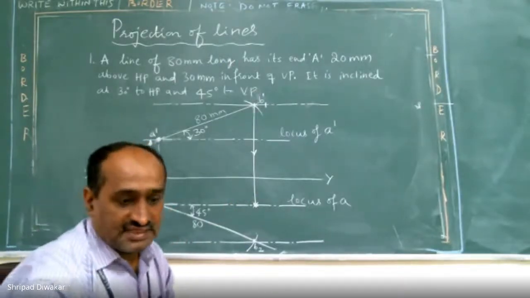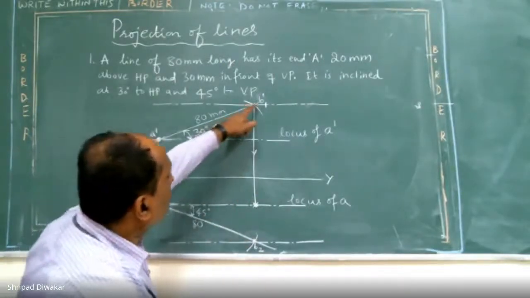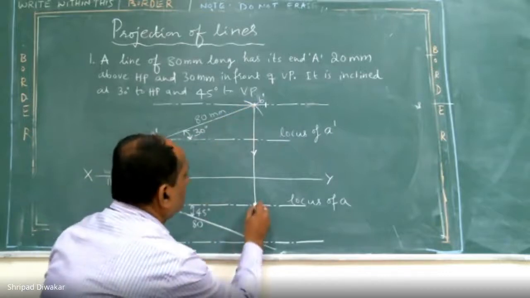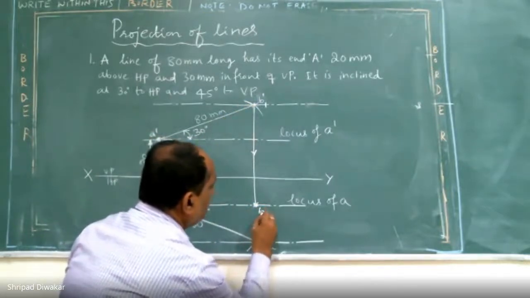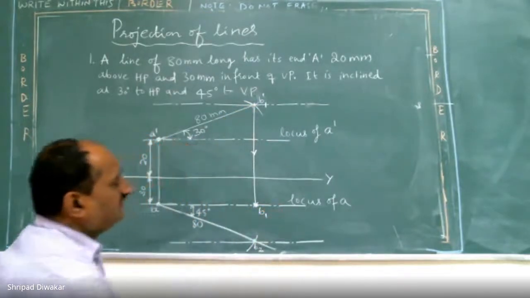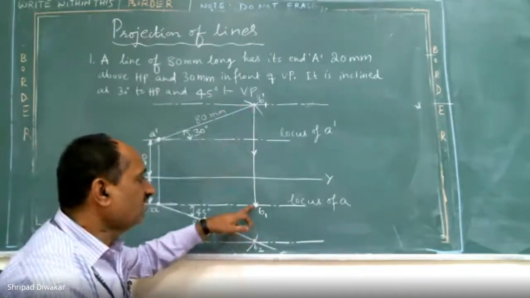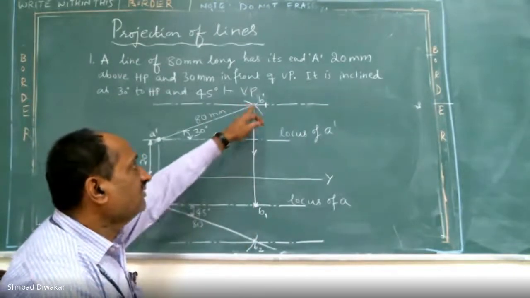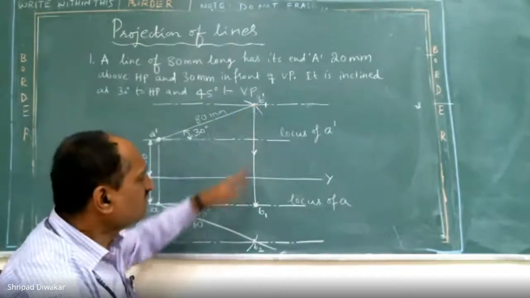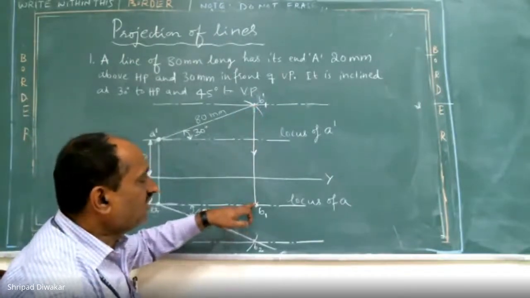Next step. Here it is my B1 dash. Obviously, the top view will be represented by B1, already studied in the points. This is the top view of point B1, and this is the front view of point B1 dash.